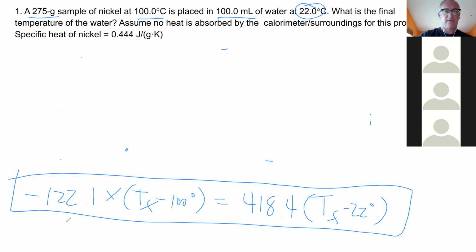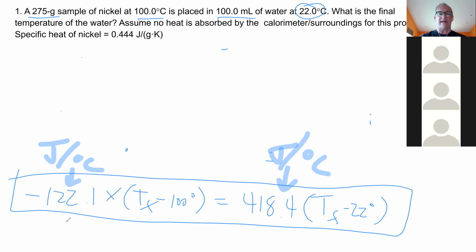So the 122 now, the units of this are joules per degree C. That's what these are, this one and this one, because we've multiplied by grams, so we canceled the grams. I basically just left out the units. I say that's a bad thing to do. I'm a bad person for doing that. But yeah, the units are joules per degree C at this point. I just left them out because it made a difficult question even more difficult. But I can put them back in.